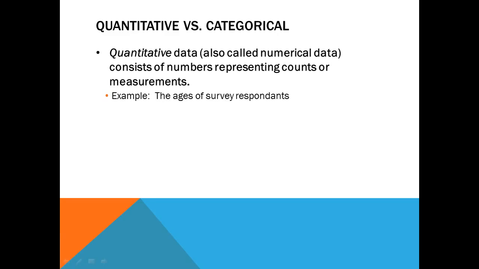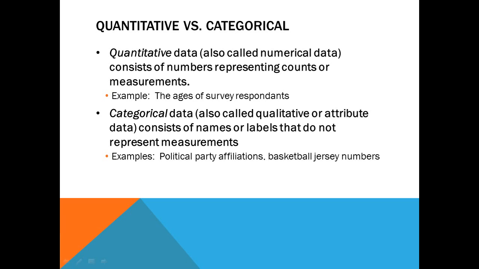The example there is the ages of survey respondents. Now, the one thing to keep in mind here is that not all data that has to do with numbers is necessarily quantitative data. It can be categorical data or qualitative data, names and labels.